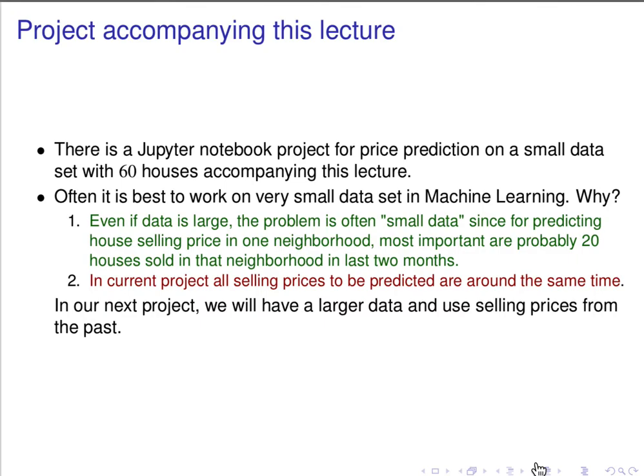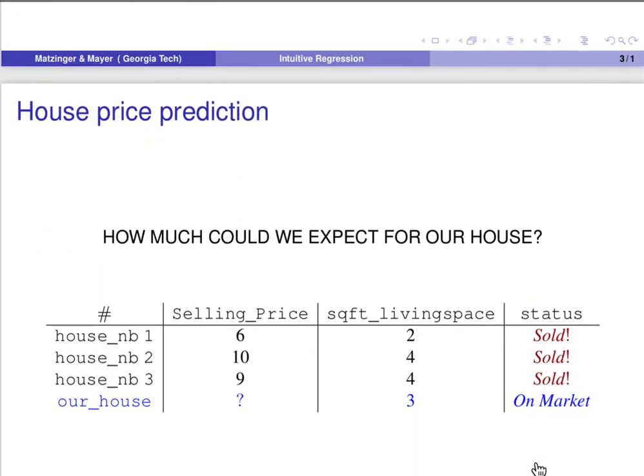In that sense, these 20 houses in the neighborhood carry enormous amounts of information, more than probably a million houses through the country. So anyhow, even if you have the big data, part of it is to predict in an optimal fashion with a very restricted data set, because the most important houses to predict one house that is going to be sold in the next month is maybe 20 houses in the same neighborhood.